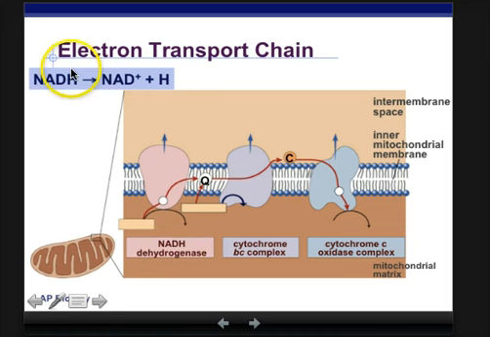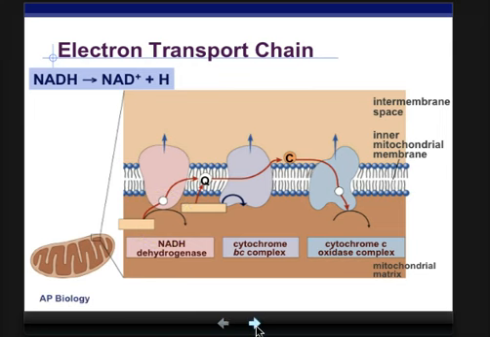It's dehydrogenating this molecule. And there's our high energy electron. With the oxidation reaction you're looking at here, where NADH becomes NAD plus a hydrogen, that's going to happen in this first step.